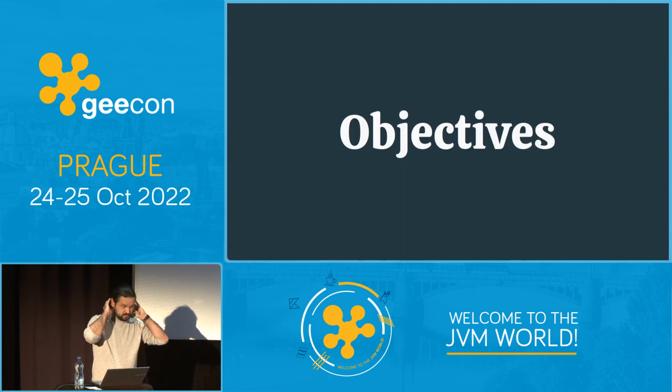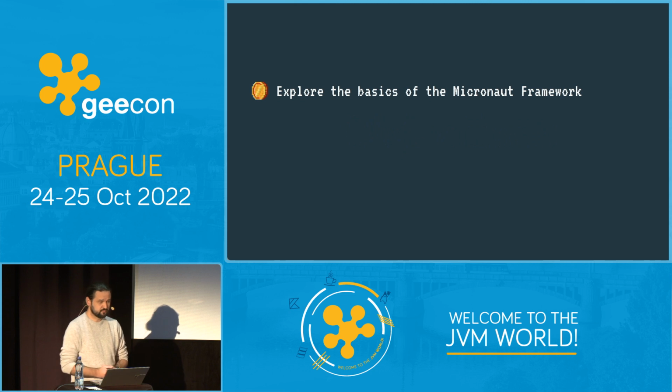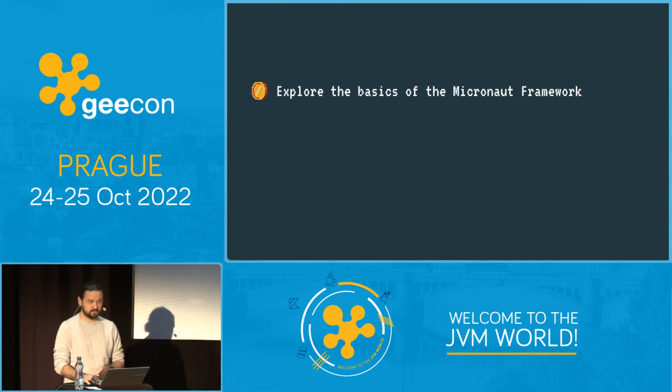This presentation has four objectives, which I would like to explain in the beginning. First of all, we're going to explore the basics of the Micronaut framework through live coding. We're not going to go deep into every specific Micronaut feature, but we will touch many interesting ones, not only the declarative client.